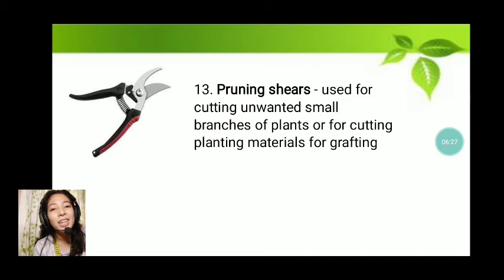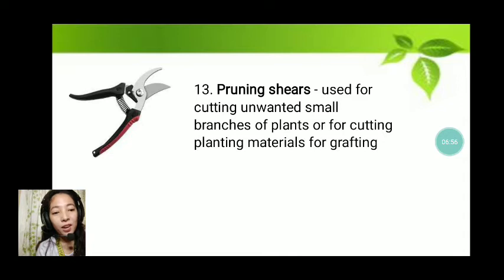And then we have the pruning shears. Are you familiar with this? Okay, maybe not, but the pruning shear is used for cutting unwanted small branches. So those dead small branches, you can use this pruning shear. It is also used for cutting planting materials for grafting.